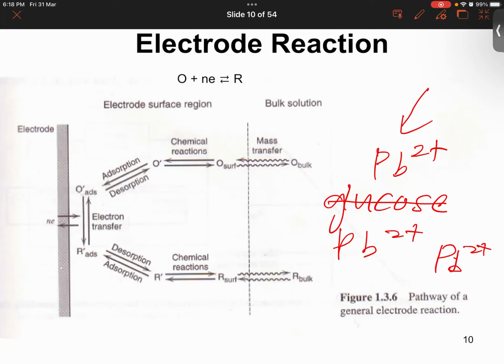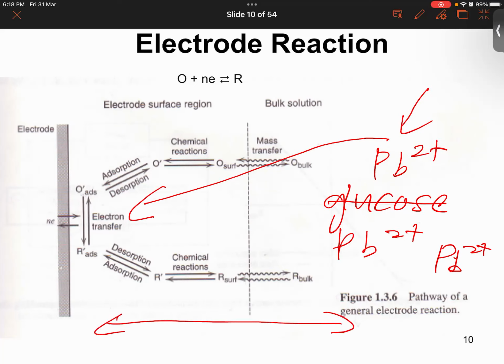Before it can be reduced, the plumbum has to move here. So the distance between the analytes and the electrode is very important. If you want to know more, this is what we call the quantum tunneling effect.